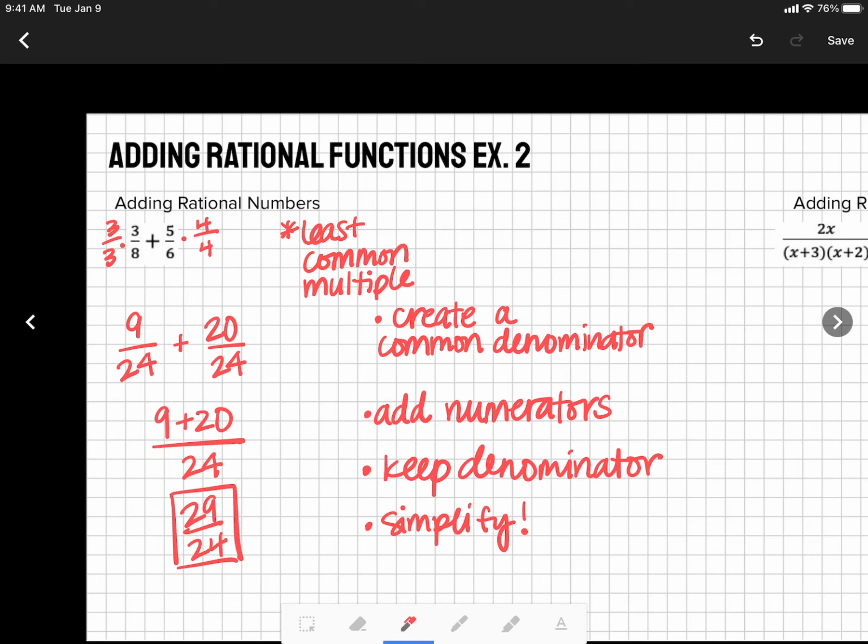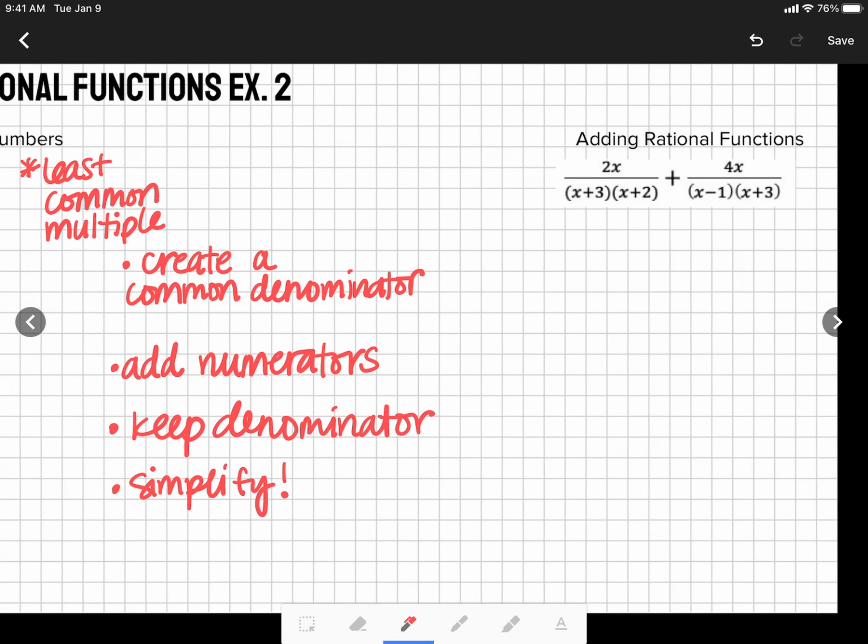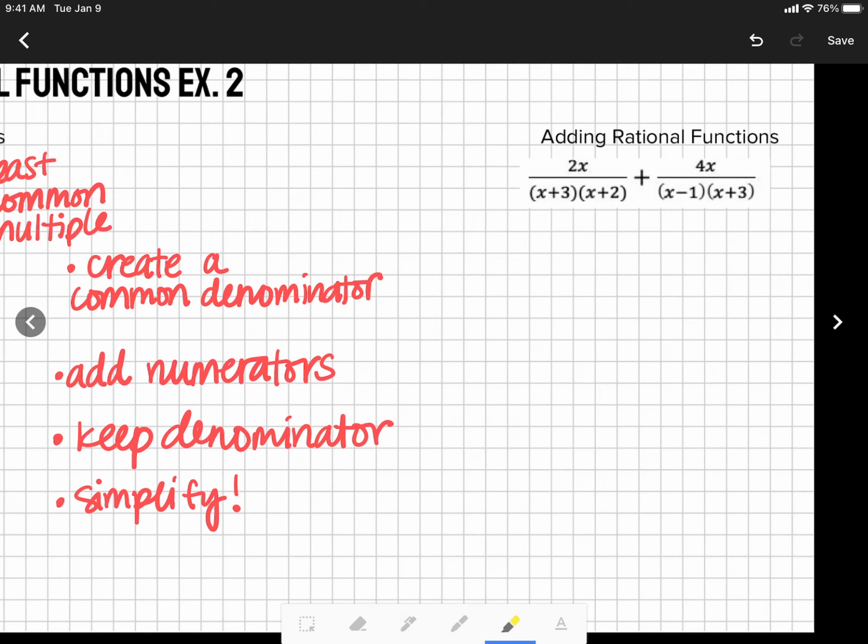So let's look for this same process on this second example. Again, first step is going to be create a common denominator. And this time I'm going to look for a least common multiple. I'm going to look for maybe a factor they already have in common that I don't have to multiply. And I see that right here. They both have an x plus 3.